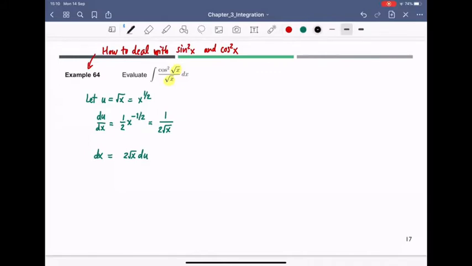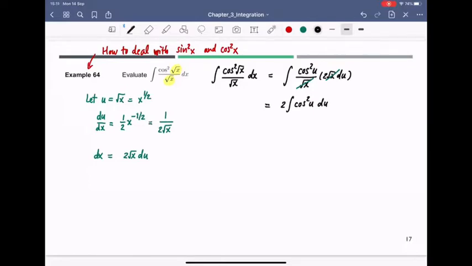Sounds good, because if I start from the given problem and now switch everything to u, I'm going to have the integral of cosine square u over square root x, and then I switch my dx to 2 square root x du. And then you can see that your square root x cancels, and we need to integrate cosine square u du.